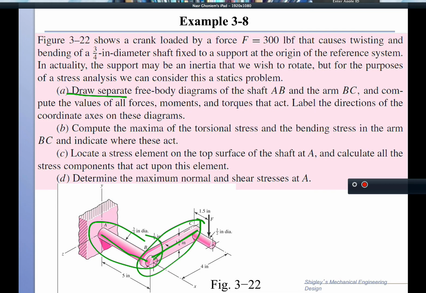And then we will come back and compute the maxima of the torsional stresses and bending stresses, because BC will be under bending and torsion, and AB will be under bending and torsion.